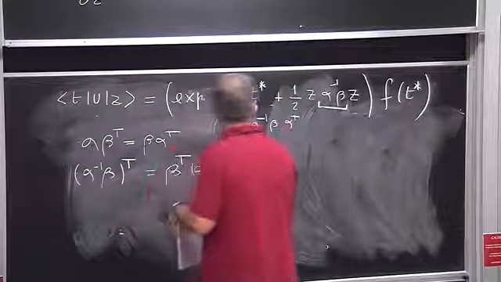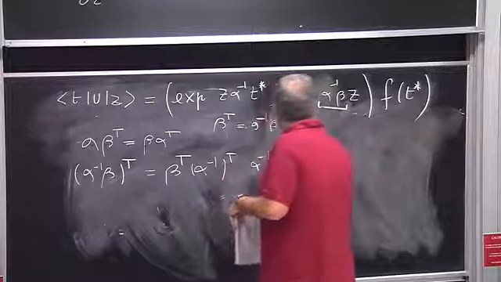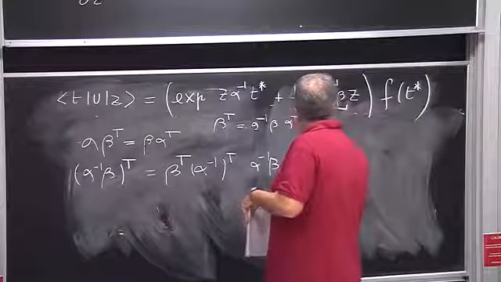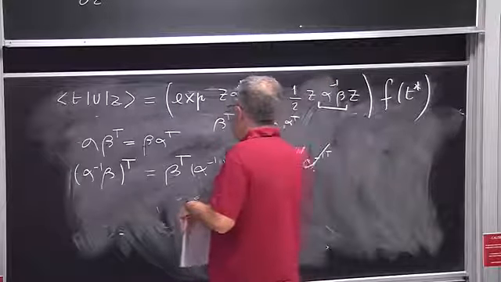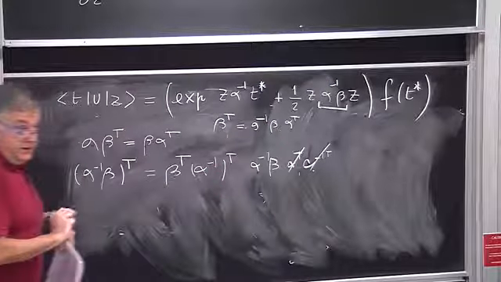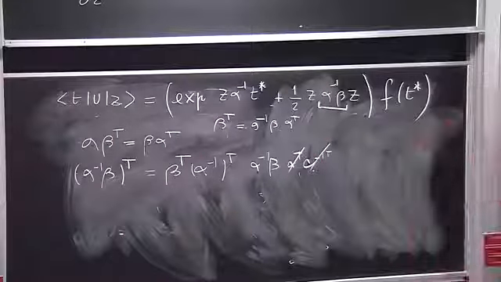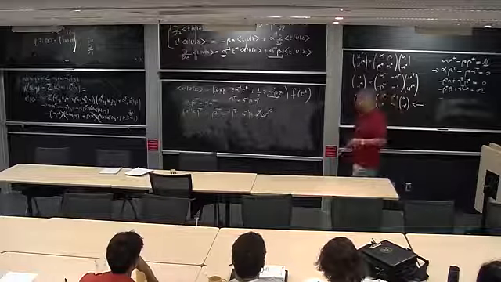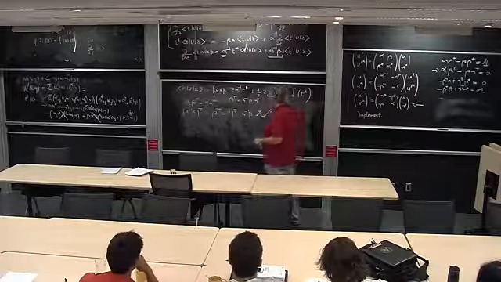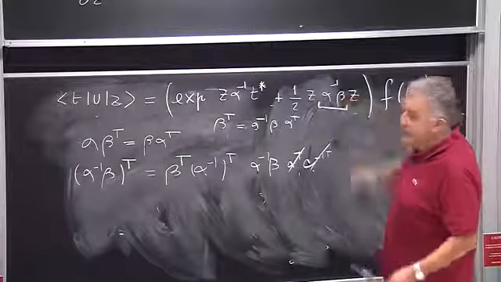So this is alpha minus 1 beta alpha transposed alpha minus 1 transposed, and this is 1, so this is alpha minus 1 beta. So the matrix is symmetric. You see, we have used crucially this property. So this is the first step. This matrix is indeed symmetric, and we can integrate the first equation.